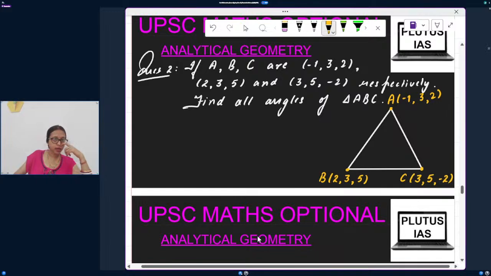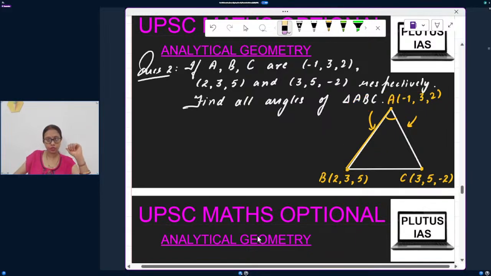Find all the angles. How can you find angle A, let's say? This is basically the angle between the two lines whose direction ratios are given. How will you find the direction ratio of AB? From points A and B. Minus 1 minus 2, 3 minus 3, and 2 minus 5 are the direction ratios of AB.